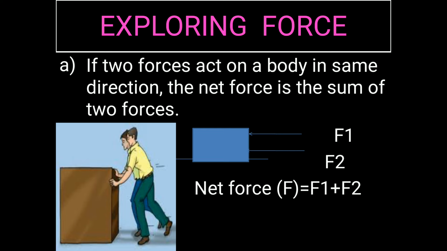It becomes much easier to move the heavy box, because when both apply their forces to push together in the same direction, the two forces add up to provide a much bigger force, and this bigger force can move the heavy box very easily. Here the two boys give the forces F1 and F2, so the net force is the sum of these two forces. If two forces act on a body in the same direction, the net force is the sum of the two forces.